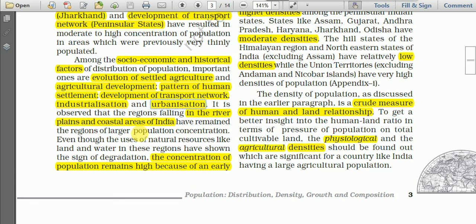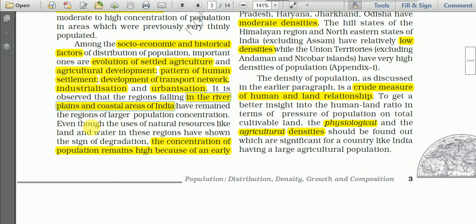And it is observed that the regions falling in the river plains and the coastal areas, as we discussed earlier, have remained the regions of larger population concentration. When human beings started settlement, they first settled in places where water is available, and they chose the river banks for the start of settlement.